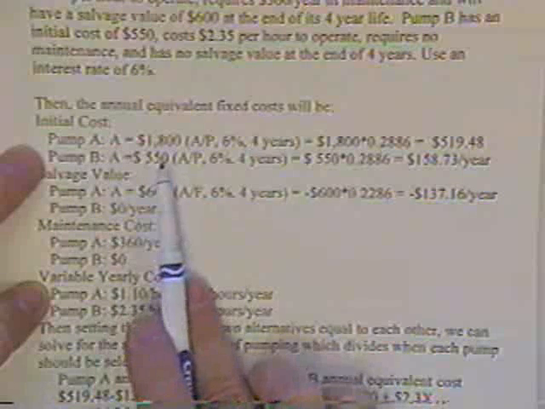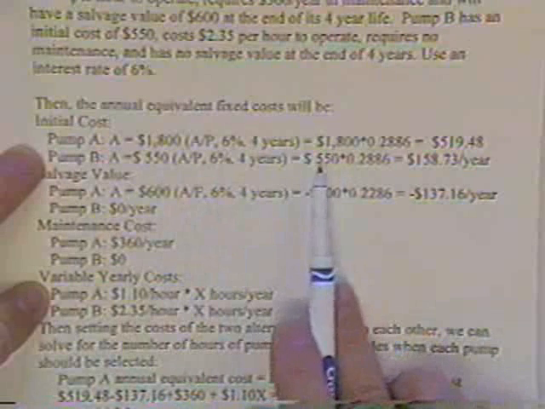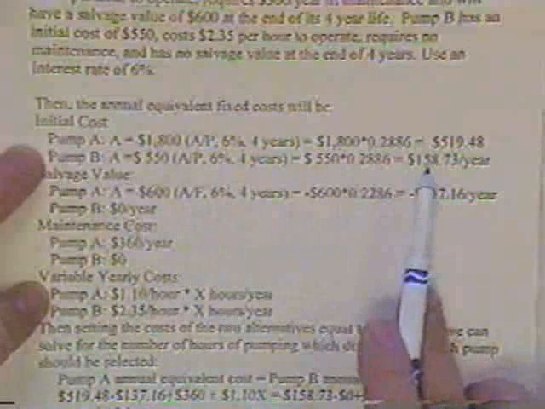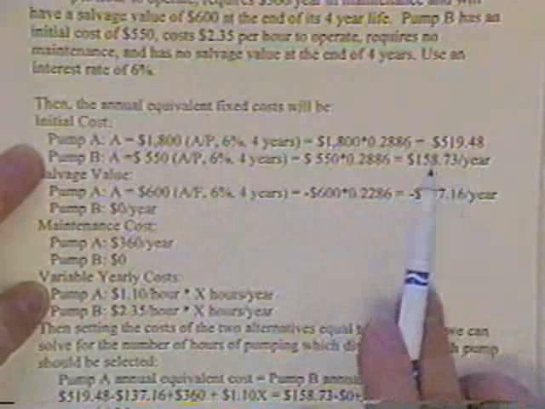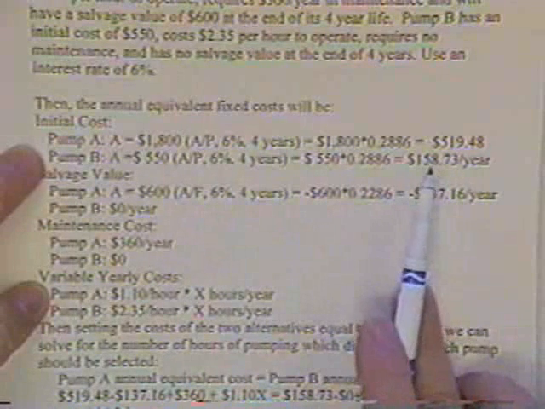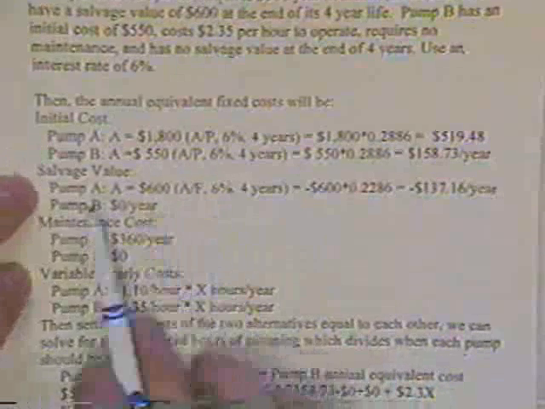Pump B, on the other hand, only costs $550. So in effect, by buying a $550 pump, you're telling me that that pump costs you $158 per year annually. That's the same amount of money here as money here.